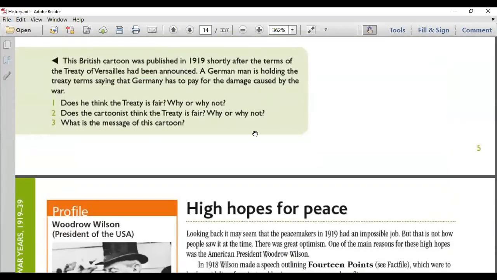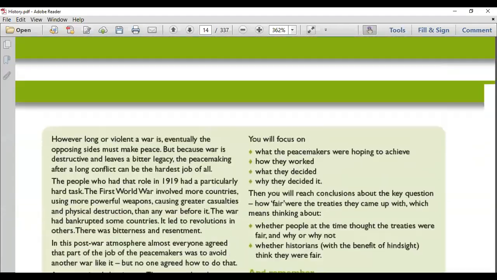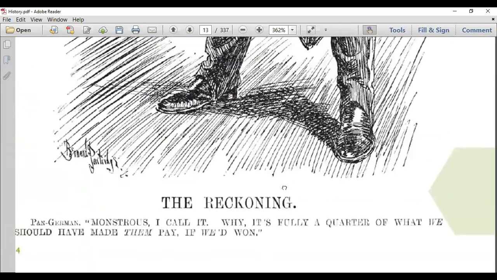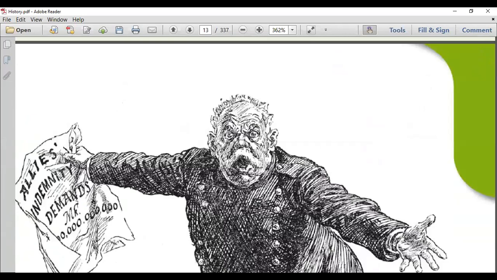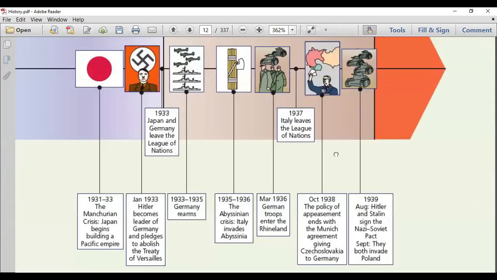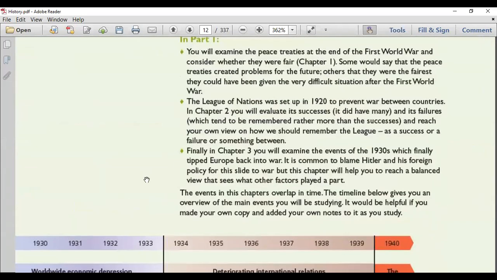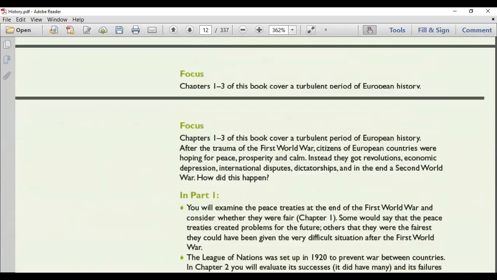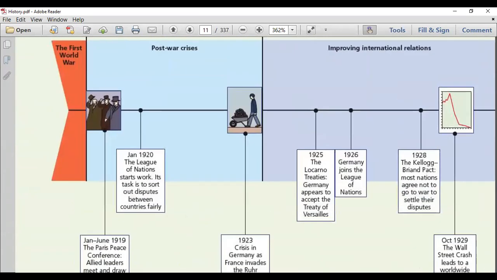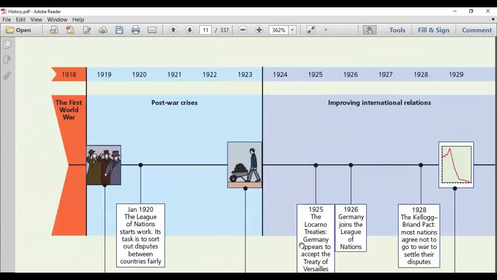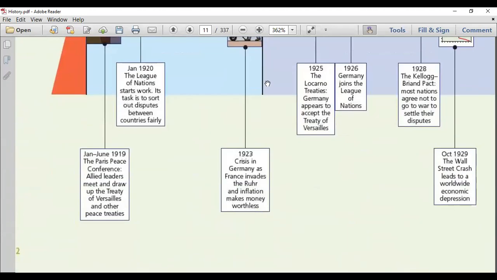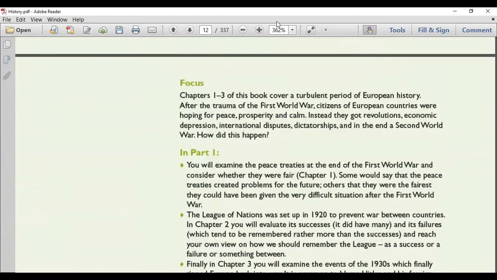I hope that in this session we talked about an important thing about the content. We know about the timeline, what happened from 1930 to 1940, and what also happened from 1918 to 1929. So for now, goodbye.